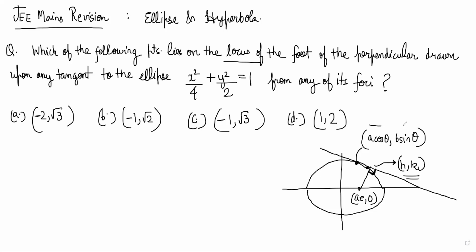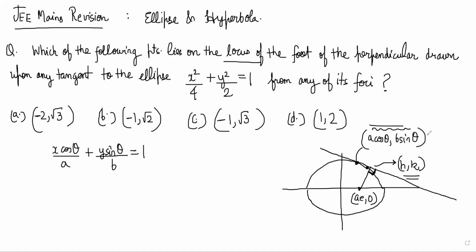For the tangent equation, if you are taking this parametric point, then you can write it as x cos theta by a plus y sin theta by b equals 1. Otherwise, you can do the tangent equation as y equals mx plus root of and all, but there will be m there.